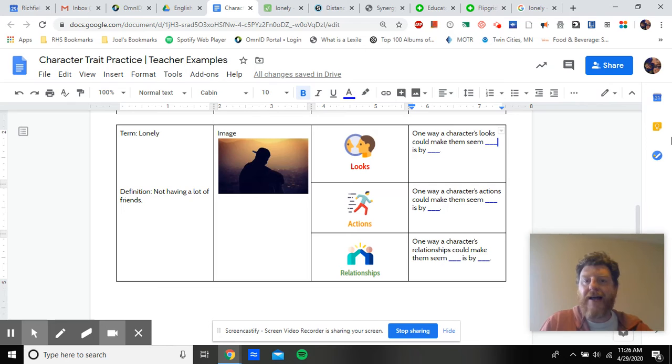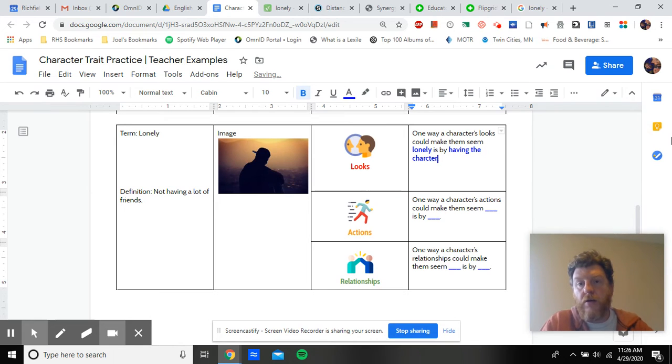Now, I want to think about how might an author use methods of characterization to show us that their character is lonely. I'm going to start with looks. One way a character's looks could make them seem lonely is by having the character frown a lot. Oops. Again, there's a spelling error there.